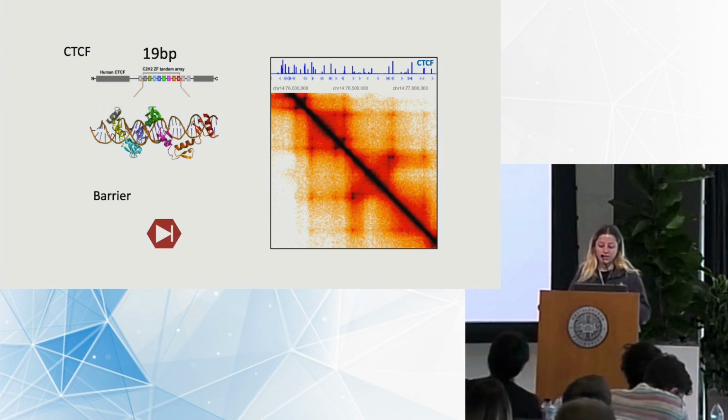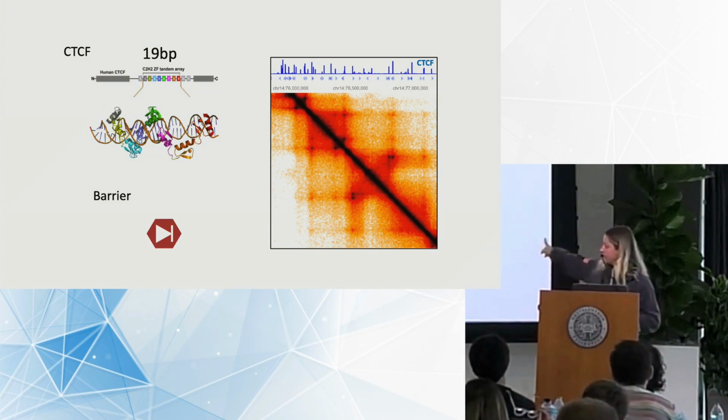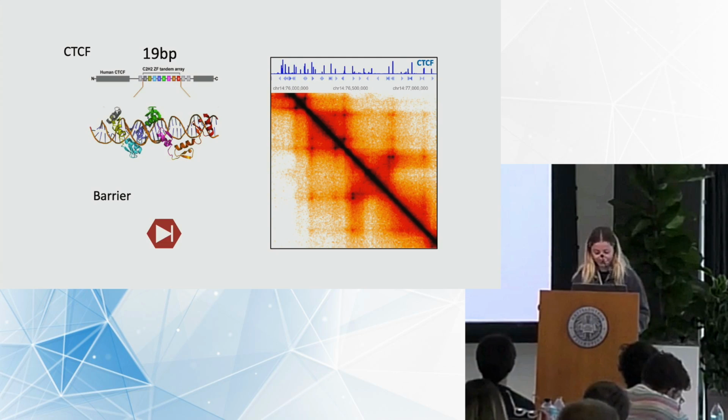In my presentation, I'm going to depict it as an arrow, as in this bottom picture. And the core motif is around 19 base pairs long, so it's a pretty long motif.